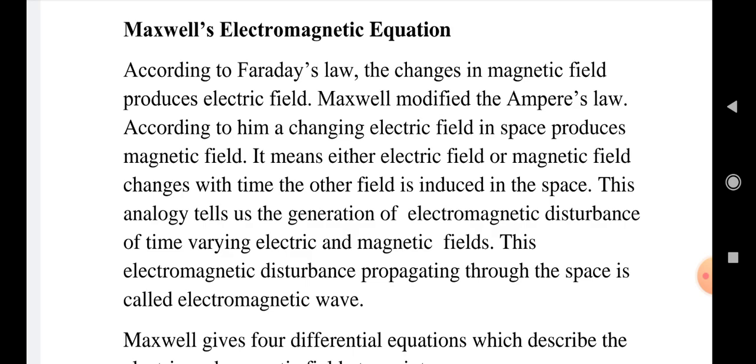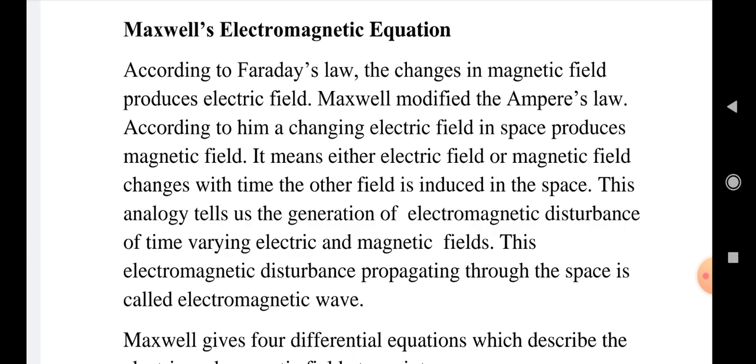Now, according to Faraday's law, a change in magnetic field produces an electric field. Maxwell modified Ampere's law. According to Maxwell, a change in electric field in a space produces a magnetic field.